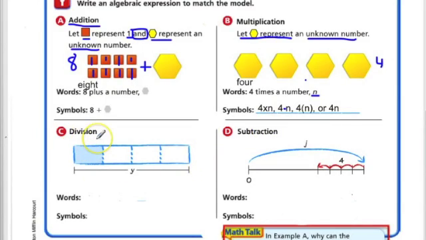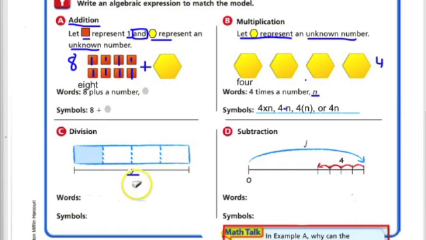Let's look at our division model. Our division model shows that the entire model represents the variable y. The entire model is y. This is our unknown. We don't know what number it is. And this model y is divided into 1, 2, 3, 4 sections. So the whole thing is y, divided into 4 sections. So y divided by 4.